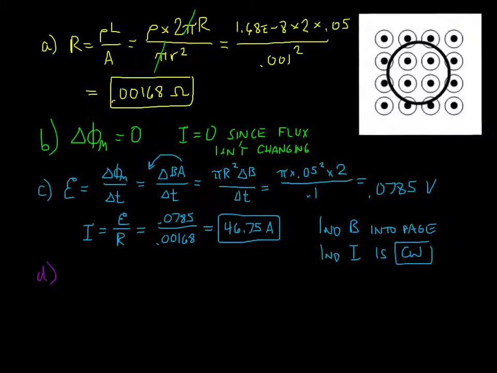And for part D, determine the magnitude and direction of the current induced in the wire loop if the magnetic field drops from 4 Tesla back to its initial value of 2 Tesla in a time of 0.5 seconds. So the EMF is once again the change in the magnetic flux over time. What you'll notice in this case is that everything is exactly the same as before, except for the time, instead of 0.1 seconds, is 0.5 seconds.